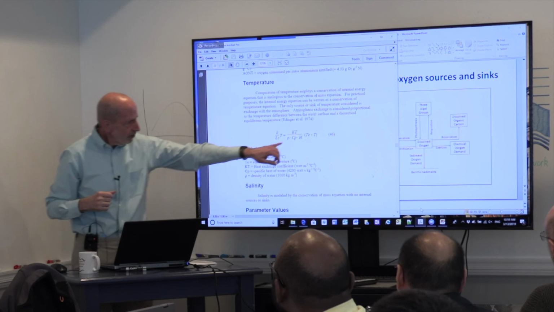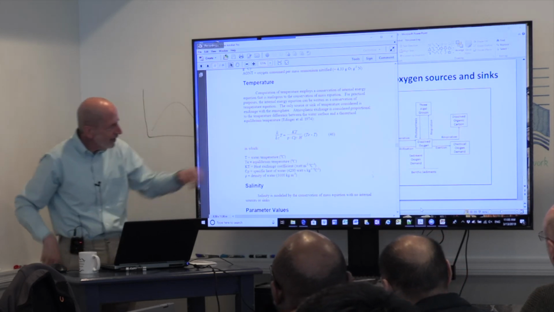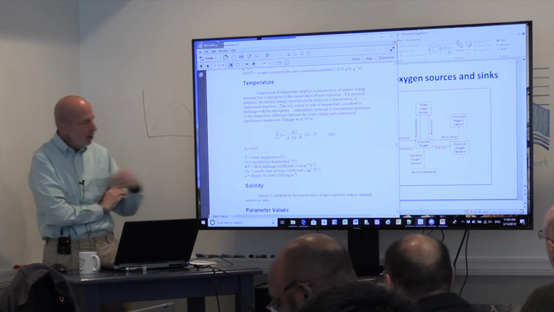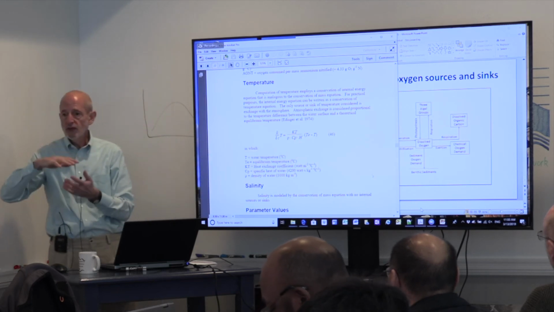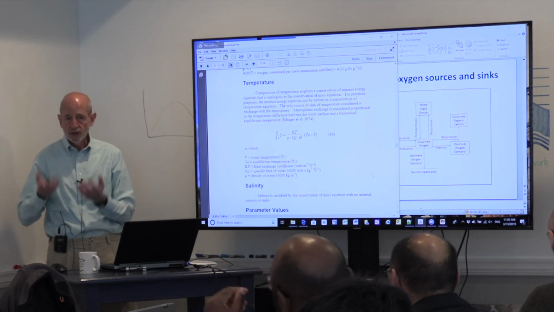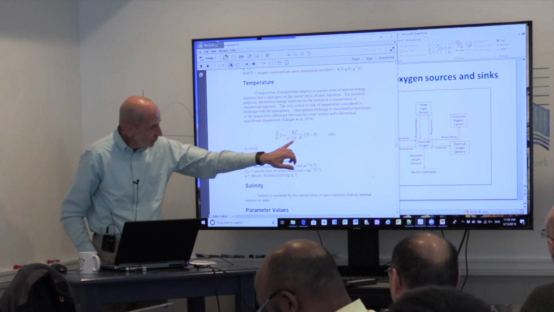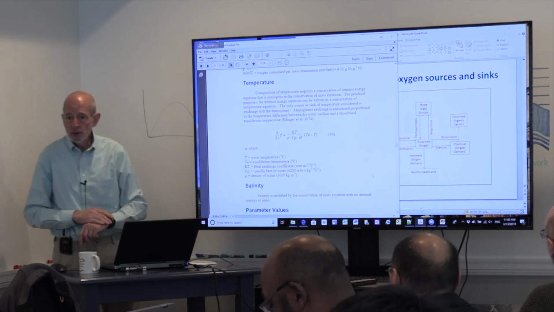So this comes from Edinger and Geyer, and basically, in effect, it's analogous to the reaeration equation. What it says is there's an equilibrium temperature, at which point there's no exchange of heat with the atmosphere. The water surface is in equilibrium with the atmosphere. And what it says is the change in temperature is proportional to the deviation from the equilibrium temperature.